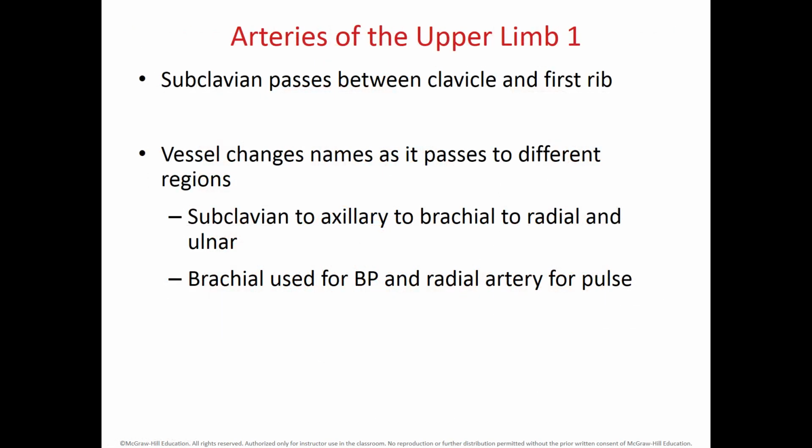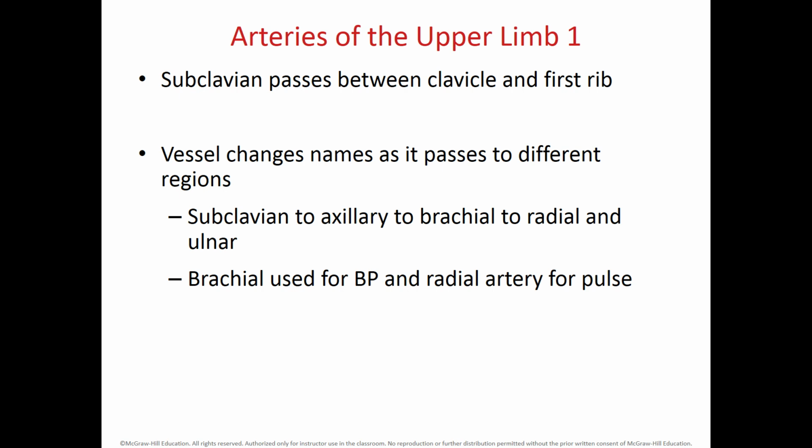Now let's talk about the arteries of the upper limb. So we have first the subclavian that goes between the clavicle and the first rib. Once it passes the first rib and reaches the axillary area, it's going to change into axillary. And then the axillary, once it reaches the arm, is going to change its name into brachial.